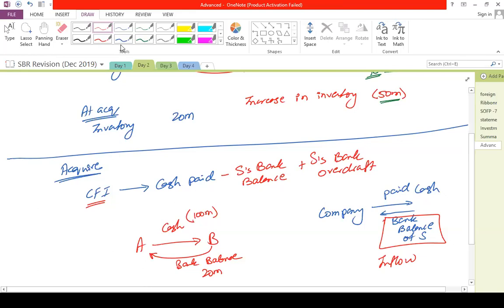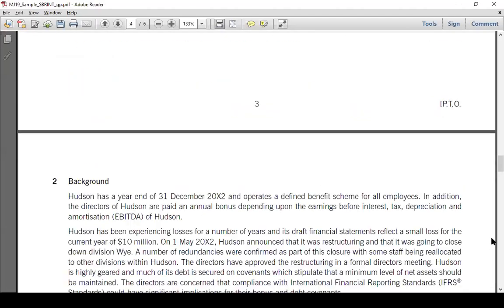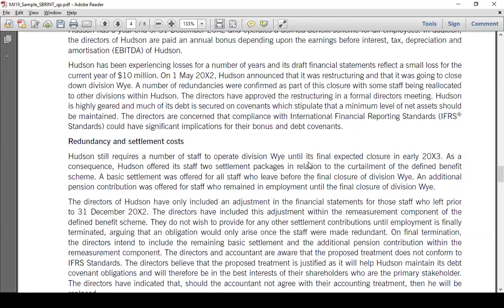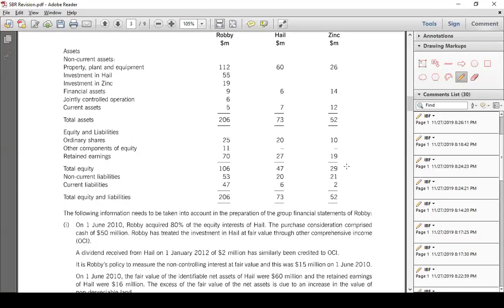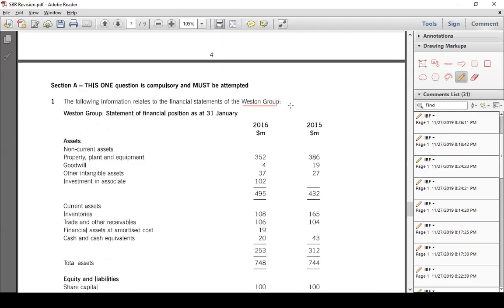So that was the overall concept of the cash flow statements. Now let's move on to the past paper document, where we have the question of the Western Group.